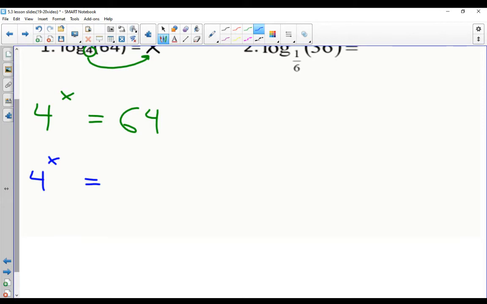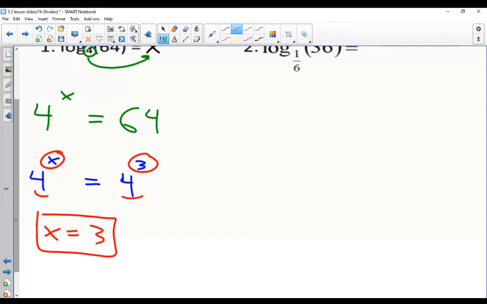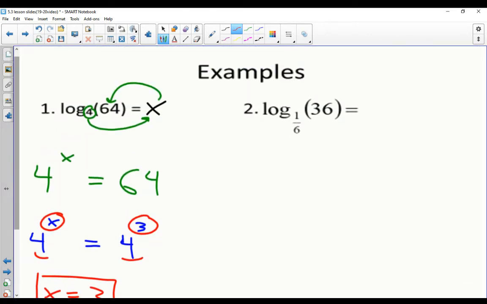Or in other words, you can rewrite the 64 as 4 cubed. And voila, if the bases are the same, then your exponents can be set equal. X equals 3. And you're done. Piece of cake. The second one, very similar.